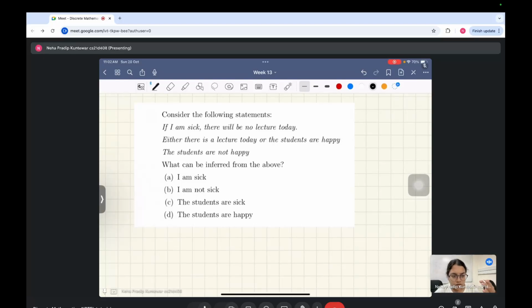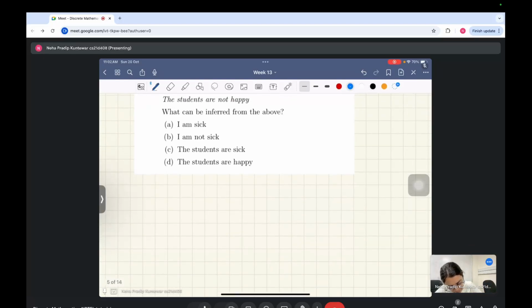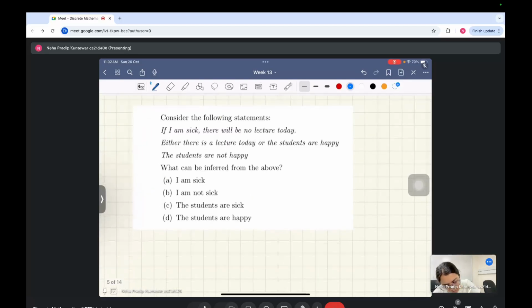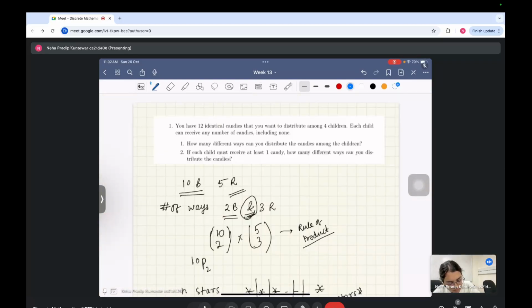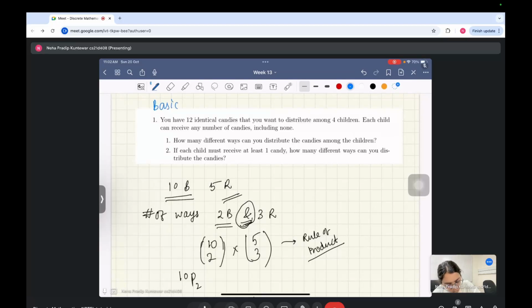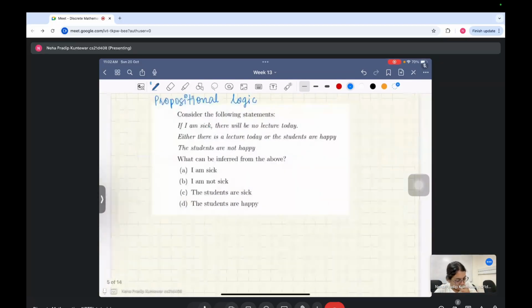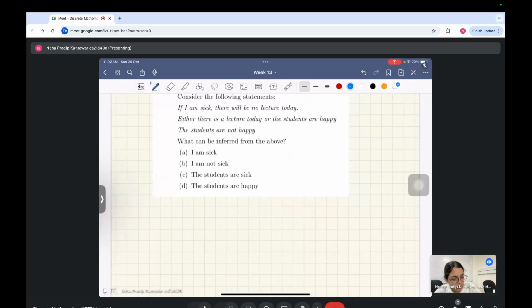So what is a proposition? A proposition is simply a statement, and what does the statement do?